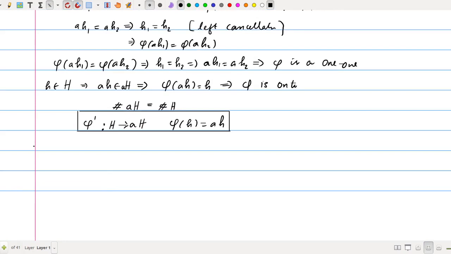Now we can move on to the theorem of Lagrange, theorem 10.10. You will be asked to state and prove the theorem of Lagrange, so you must be aware of the statement as well.